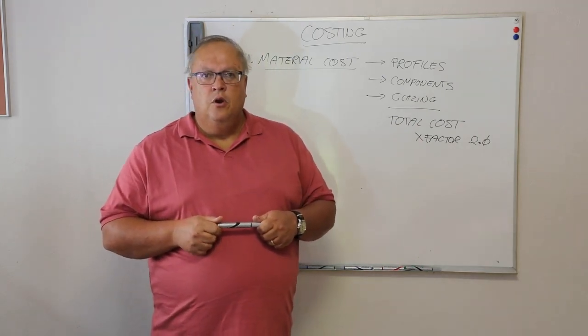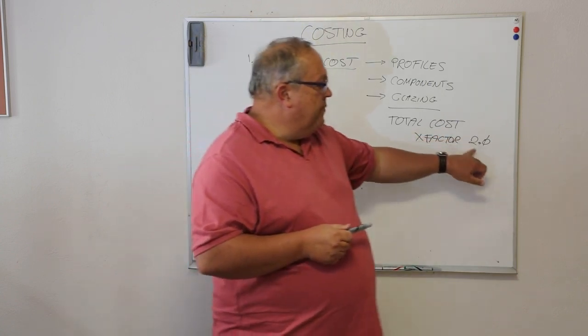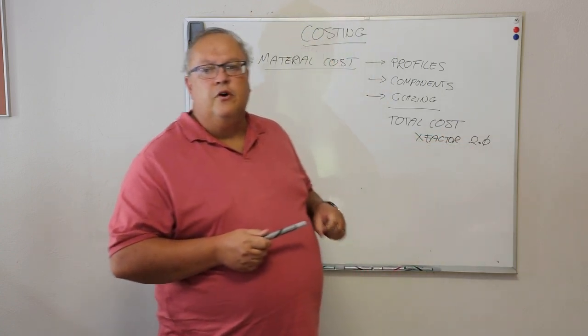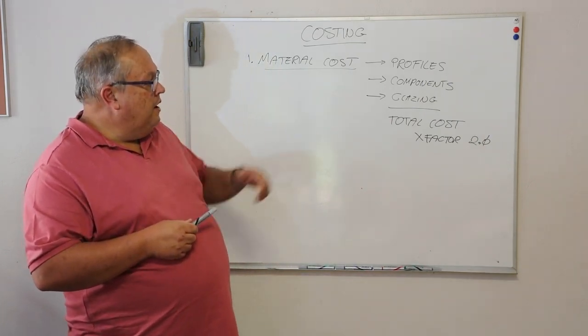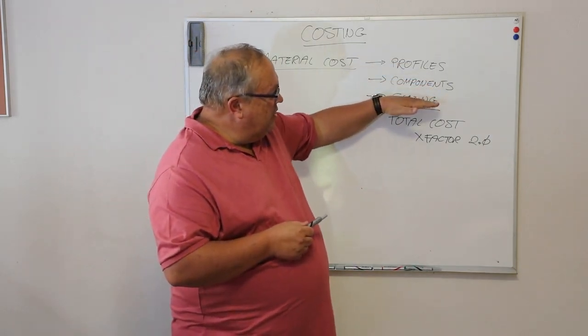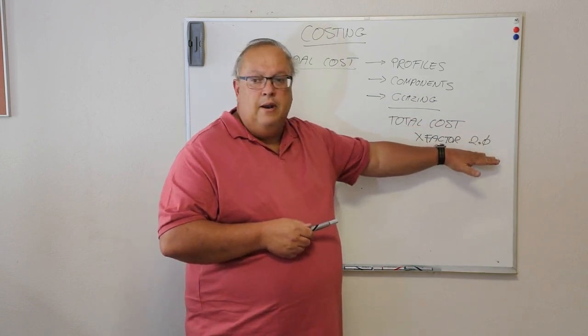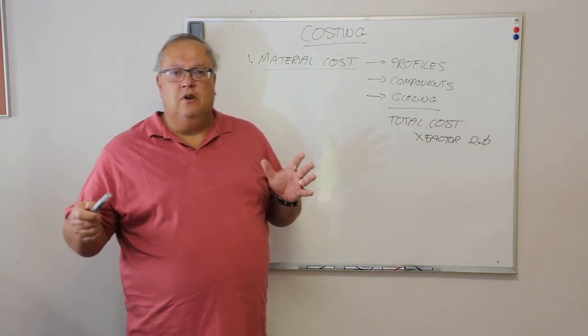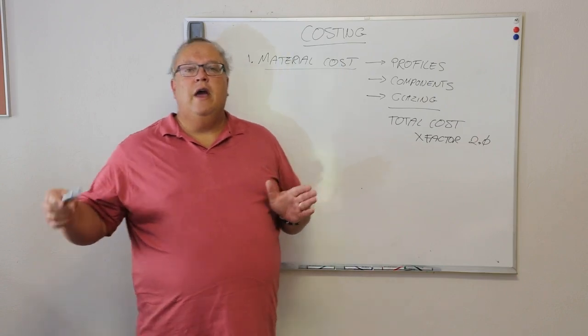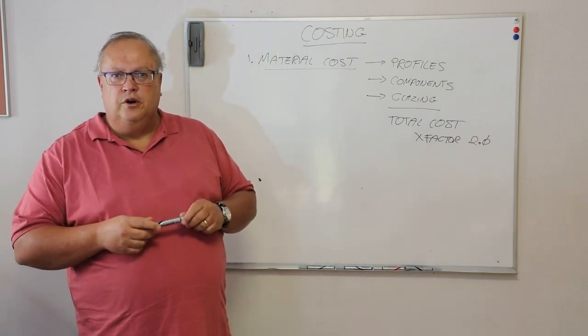On a typical average job with no special glass, no special complications, that factor of 2 is not a bad estimation. Where it becomes a problem is if, for example, you've got a job with very expensive glass. Now what is happening, I am taking my glass price, and I'm doubling it. And in the process of doubling a very expensive glass, I'm obviously going to add a lot of cost to that job.